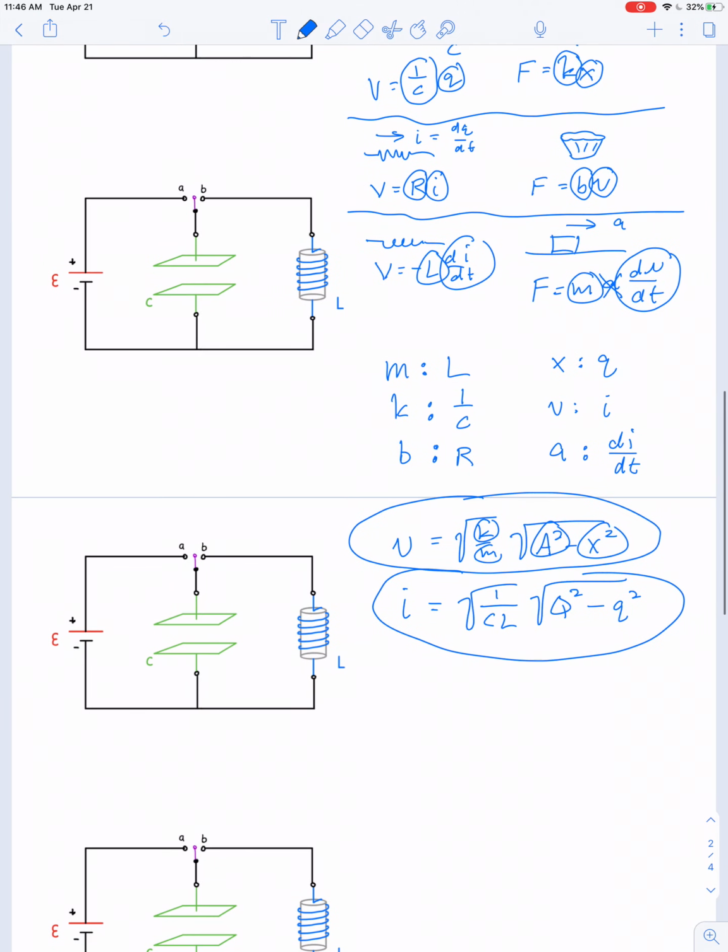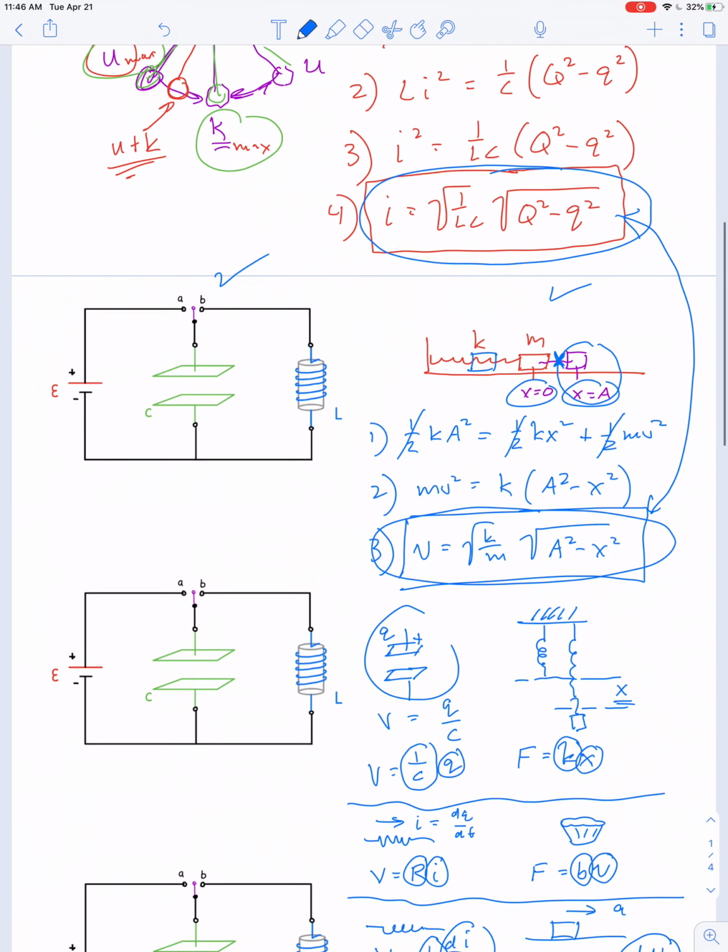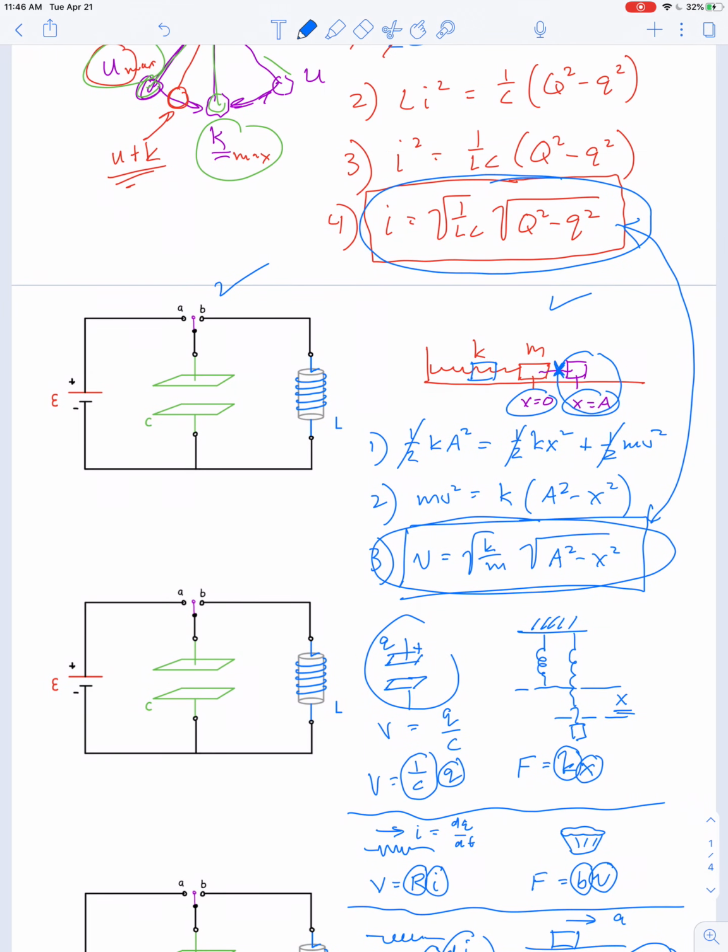Now, what's the maximum amount of current? Well, you get the maximum current at the moment that the capacitor is totally discharged. So, again, if the switch had moved into position A, we've started out with the maximum amount of electric field and zero magnetic field.